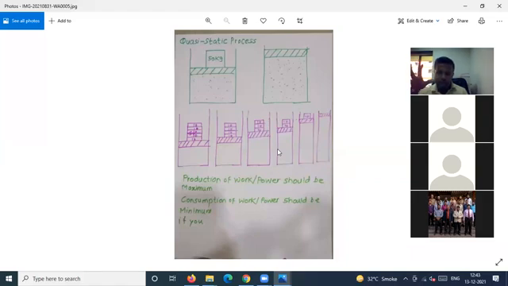If you operate any power producing device like a turbine or an IC engine on the quasi-static process, they will produce maximum power. What we want is power production to be maximum and power consumption to be minimum.